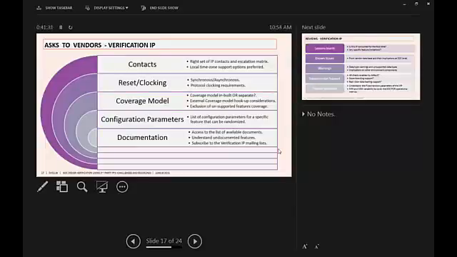So what do we need to ask? These are all things we discuss before we start the project. First thing, get a local contact. The advantage of a local contact is the turnaround time. The second thing is to get a dedicated contact.